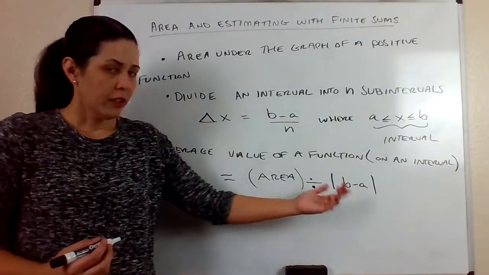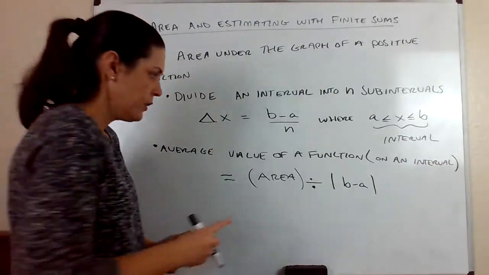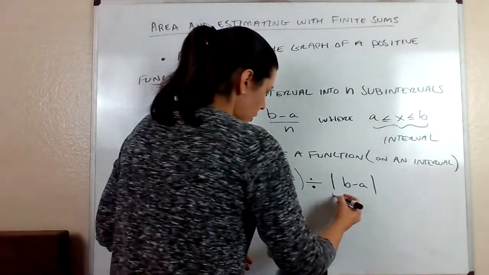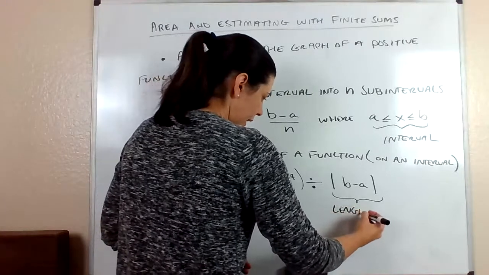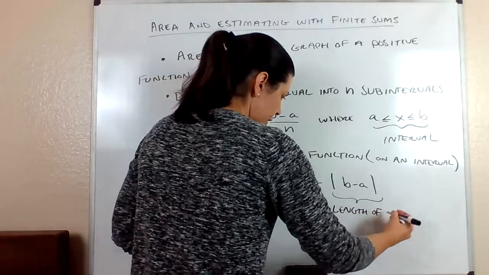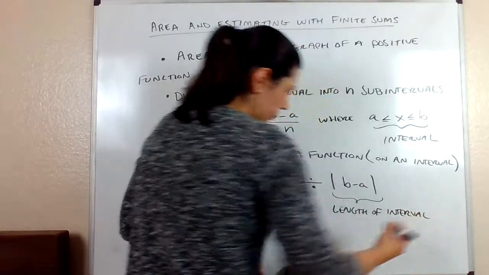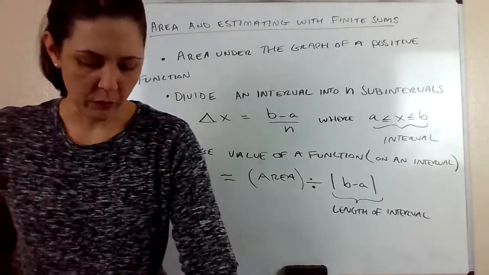From algebra, absolute value just means distance, if you remember that. So this is saying the distance from a to b, or between b and a. And so another way to say this part is divided by the length of the interval. Okay, so we'll do an example where we use that one as well.